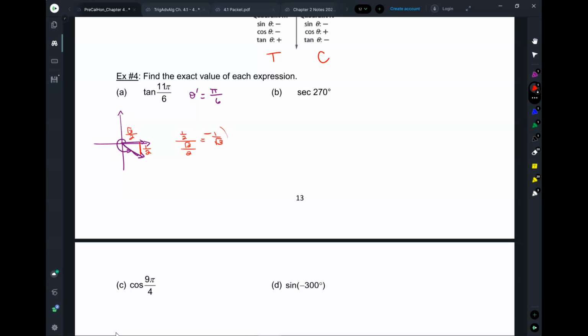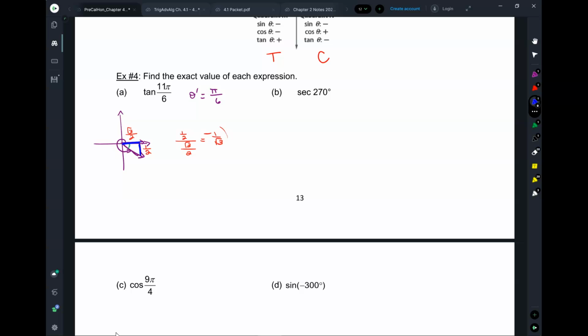Let me show you a little something else, a little secret. Don't tell anybody though, okay? So this is the smaller angle, right? The pi over 6 is the smaller angle, so it faces the smaller side. Now, what we're doing for tangent is we want to find the ratio between that vertical and that horizontal, right? So that's going to be a small ratio, correct?